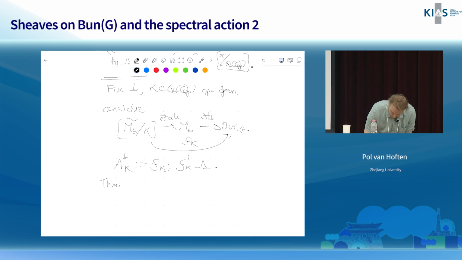So theorem: the collection A_b,K, as you run over all b and all K, is a collection of compact generators of Bun G.